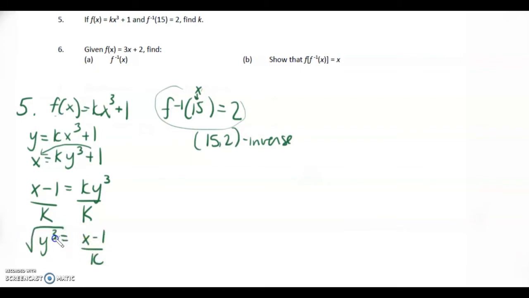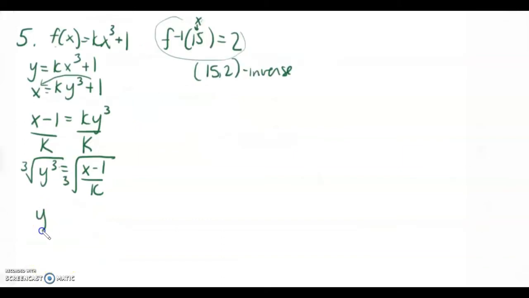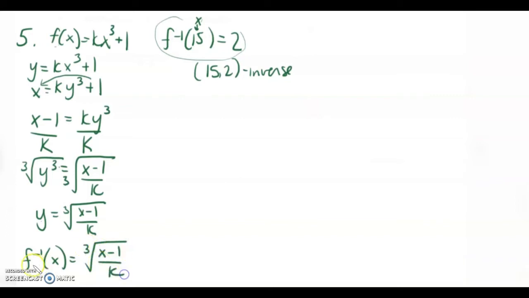Now, in order to get rid of the cubed, we have to cube root. Okay, don't square root, make sure you cube root. So we have y equals the cube root of x minus 1 over k, and we can change this back to function notation. So f inverse at x equals the cube root of x minus 1 over k.